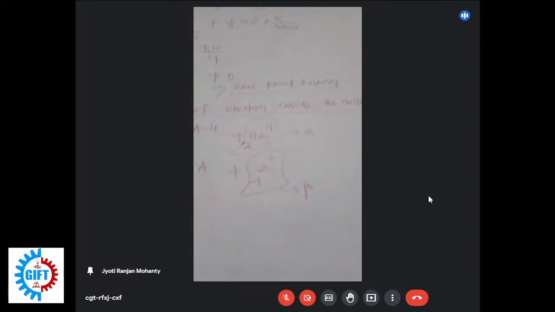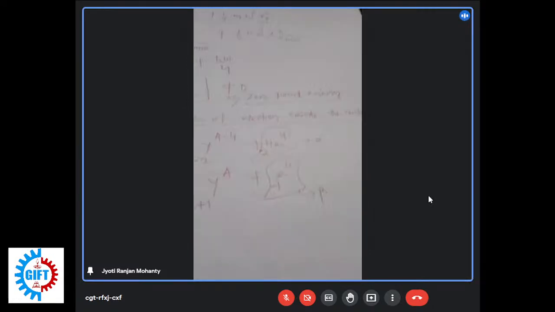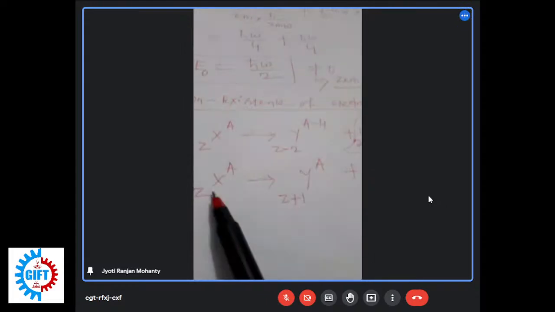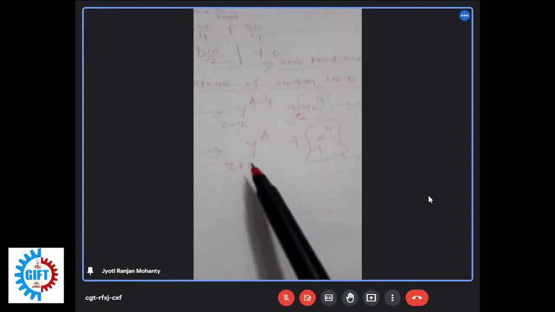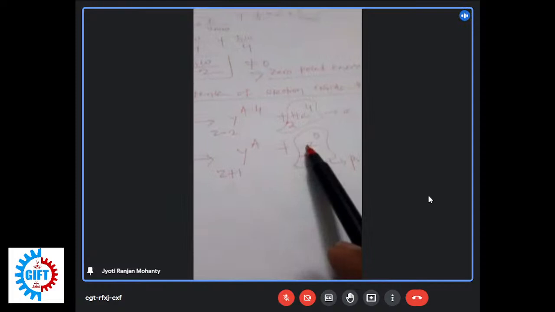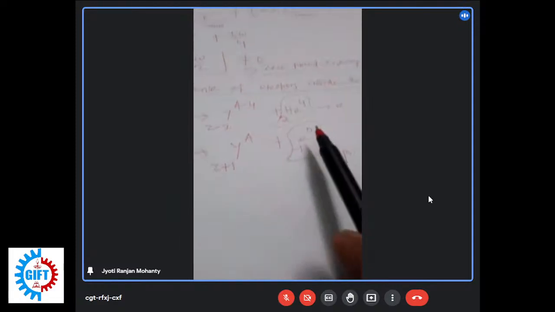So that means the physicists thought that since from the parent we are getting the daughter, and we are getting the electron, the electron is present inside the nucleus.